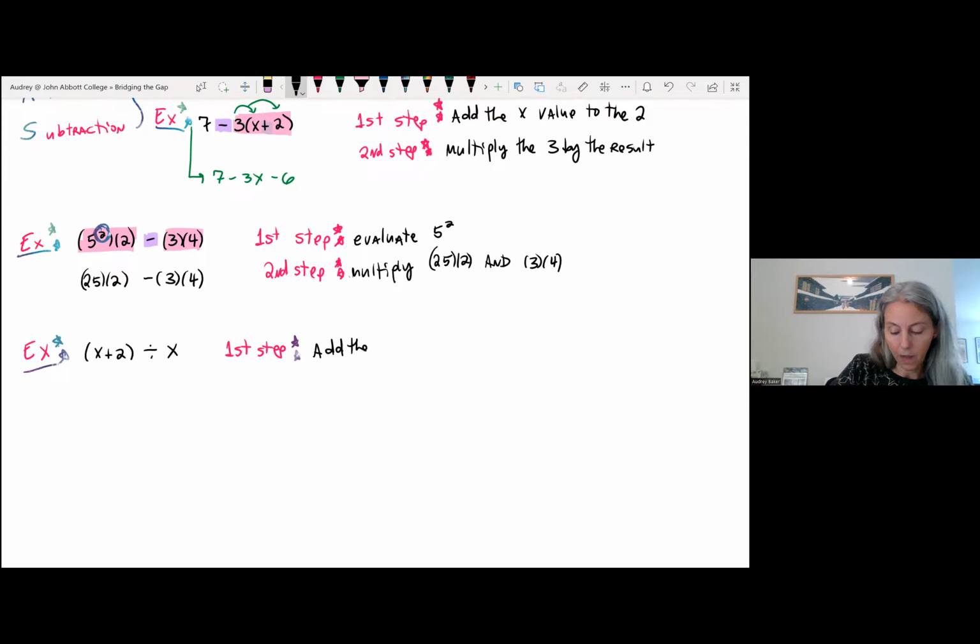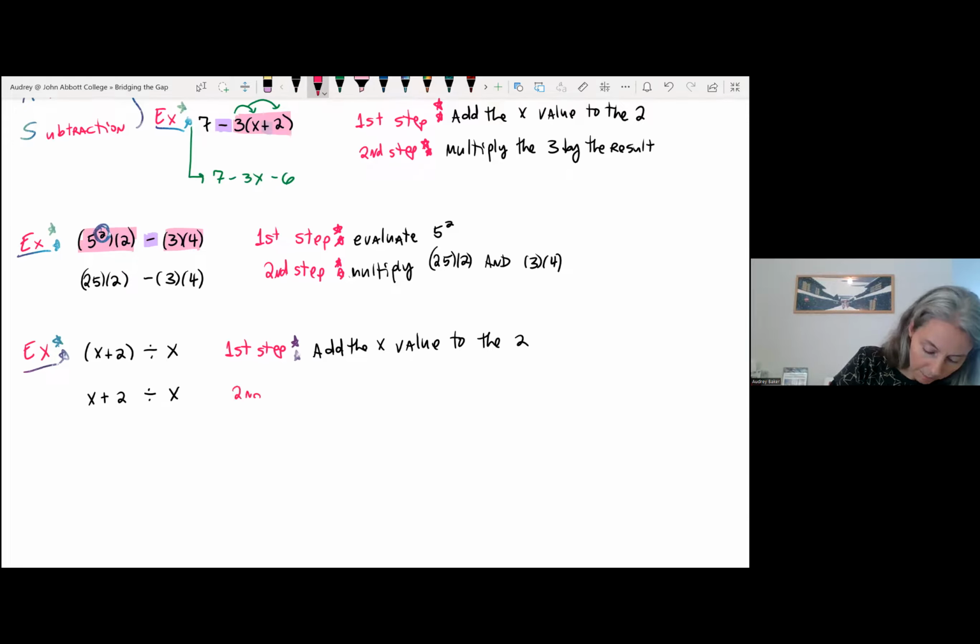Add the x value to the 2, which is different from if I had x plus 2 divided by x. Here, this is saying the first thing that I want to do is division. So I would divide the 2 by x. I would do 2 divided by x.